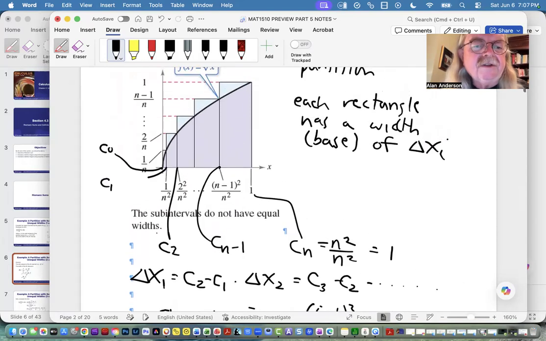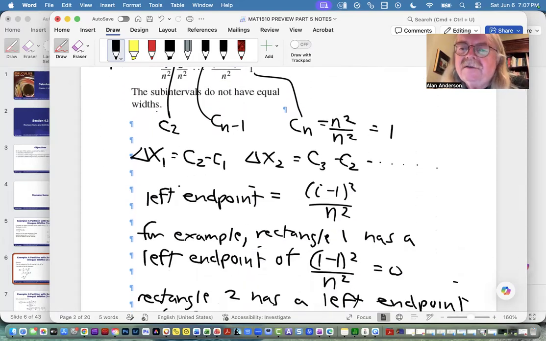And that's exactly what you're seeing here. Okay, so the first rectangle, you can barely see it. It's so small. Right here, there's a teeny tiny little rectangle. It starts at 0 and goes over to 1 over n squared. Okay, and then from that point on, just by looking at the graph, you can see the endpoints. But in general, it's nice to have a formula like this.